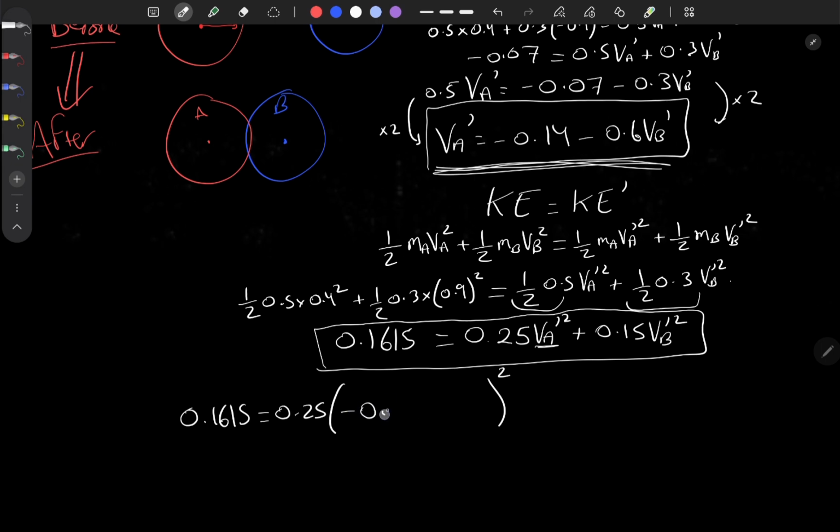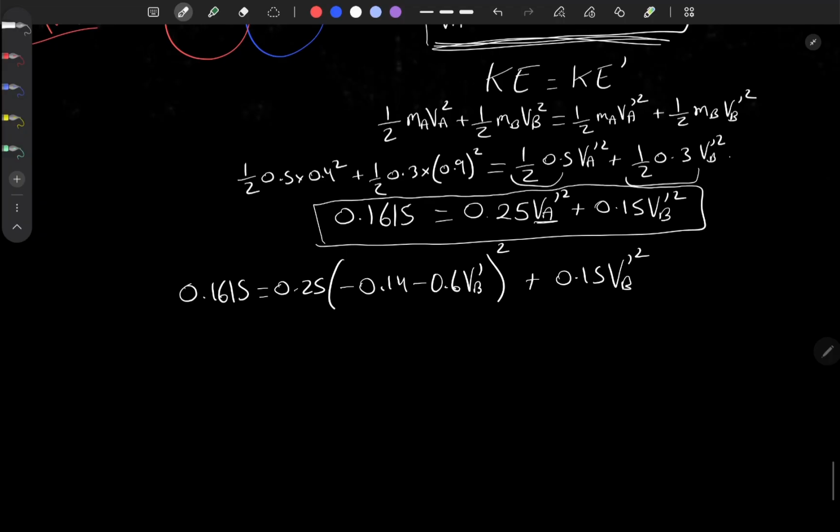So we have negative 0.14 minus 0.6 VB prime, and now plus 0.15 V prime B squared. So this is excellent because we have one equation, we have only one unknown, which is VB. These two are the same thing. So now we're going to keep going and expand this so that we can work on simplifying it.